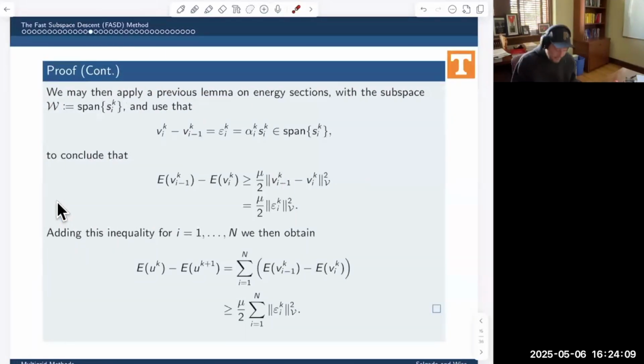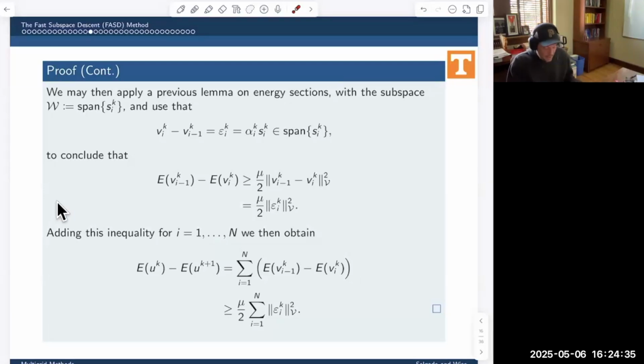So the difference between the old best guess and the new best guess, as I'm going along subspace by subspace, is epsilon I. It's the correction. But remember, the correction is just a constant, a real number times the search direction, so that's in that spanning space SI. Now let's do a very basic little calculation.